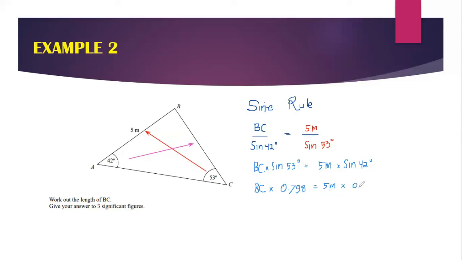We got 0.669. So BC equals 5 meter times 0.669.